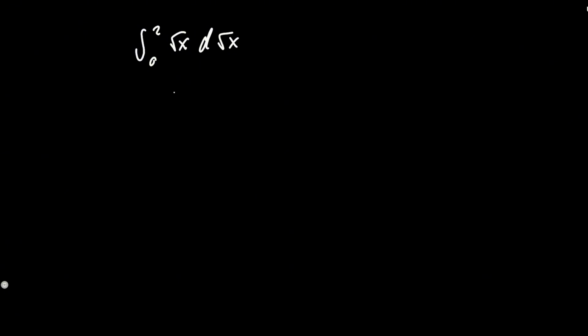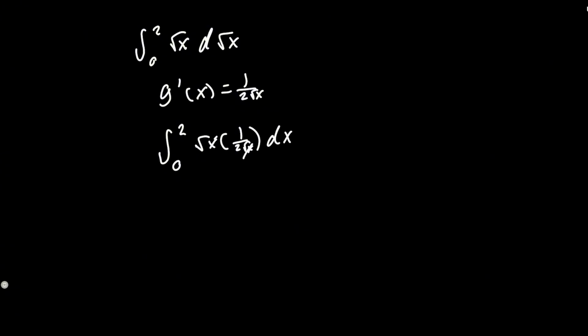Since we know that g is continuous, we could say that g prime of x is equal to 1 over 2 root x. If we write this as a Riemann integral, we would have the integral from 0 to 2 of the square root of x times 1 over 2 root x dx, and the square roots cancel out.